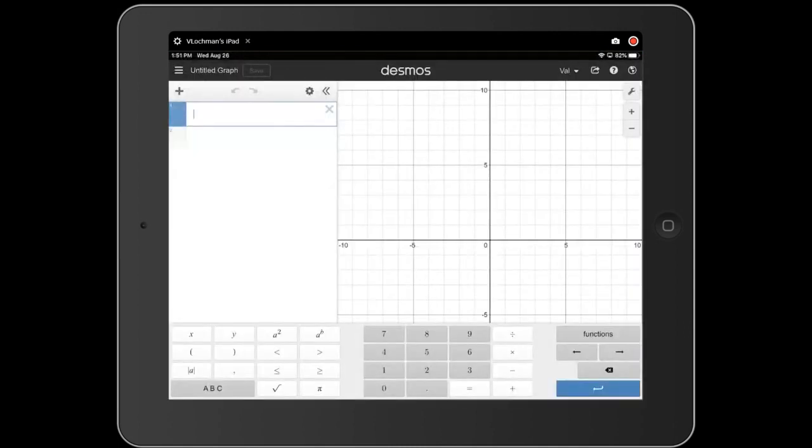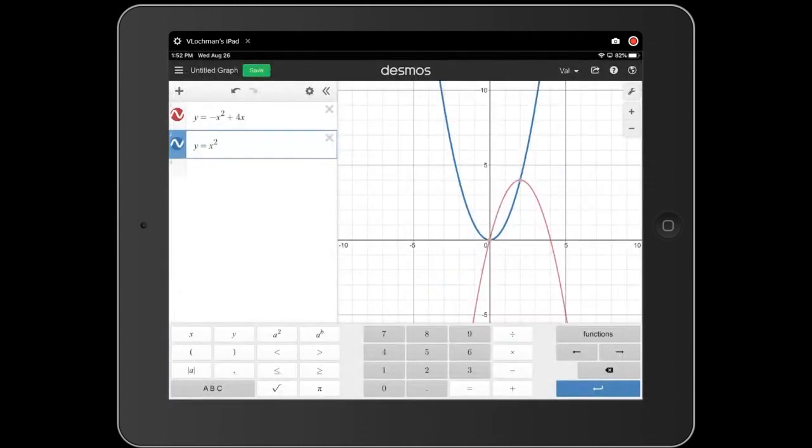I'm going to type in my first function, y equals negative x squared plus 4x. That's my first parabola. My second parabola is y equals x squared minus 2x.